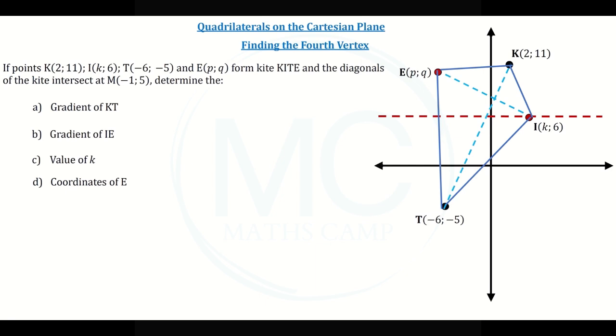Remember that we use a diagram to give us a better idea of what we're working with. It does not need to be to scale, but it does need to show the general shape of the quadrilateral. The Cartesian plane can help you figure out where your points lie, but in cases like this, you can draw a diagram without the axes.